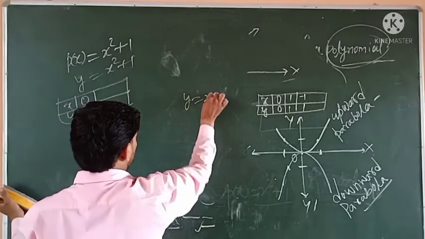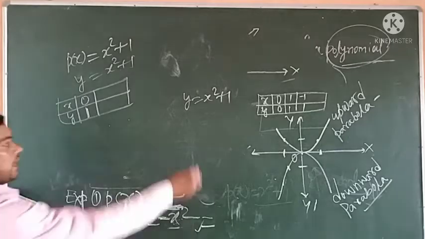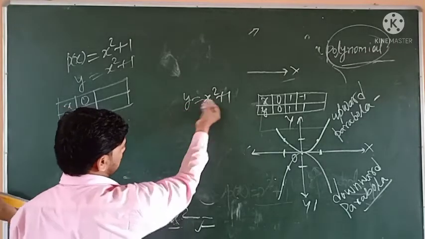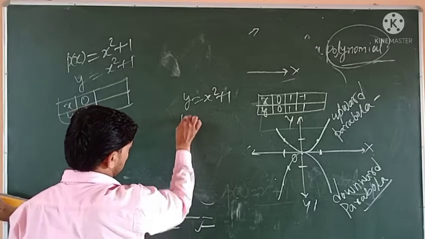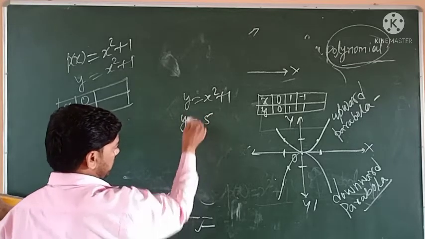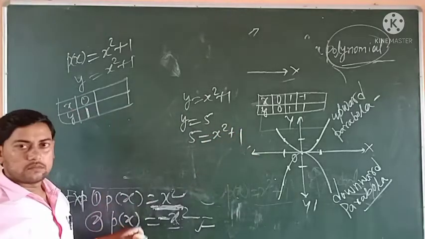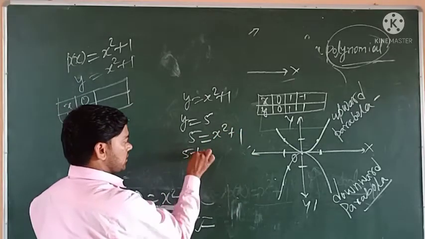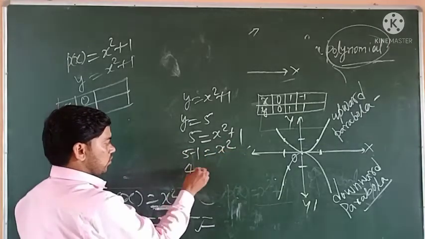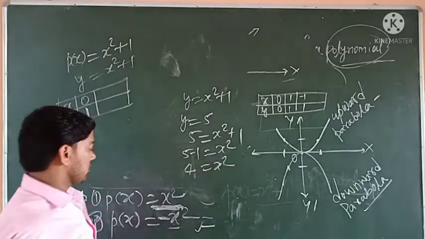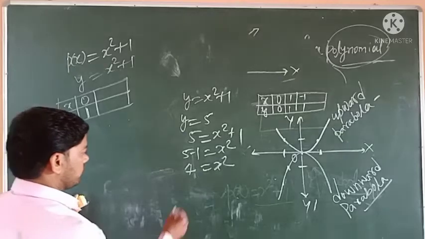Y is equal to x square plus 1. Suppose y is equal to 5. Then 5 is equal to x square plus 1, and 5 minus 1 is equal to x square. 4 is equal to x square, so x is equal to plus minus 2.